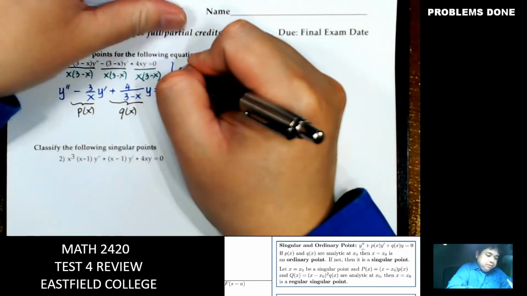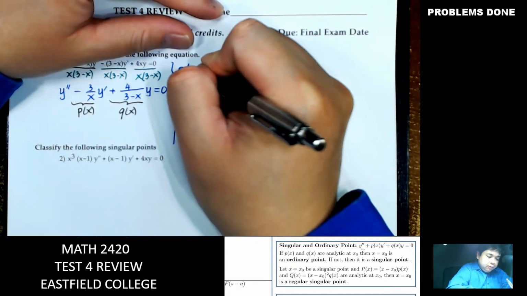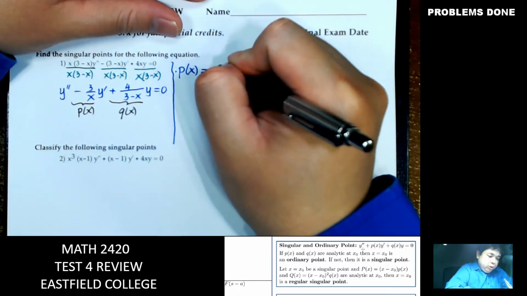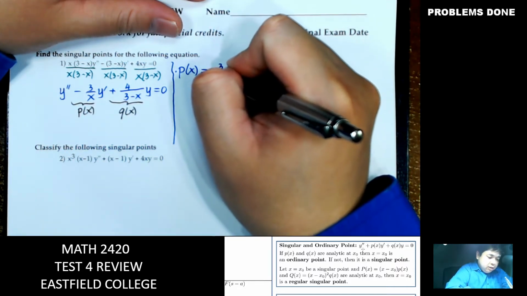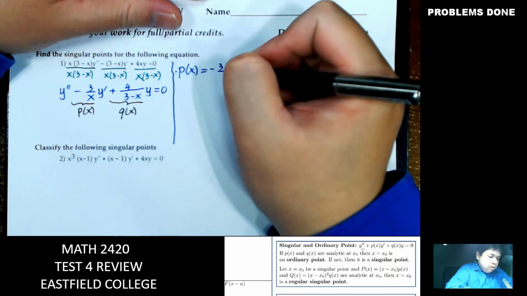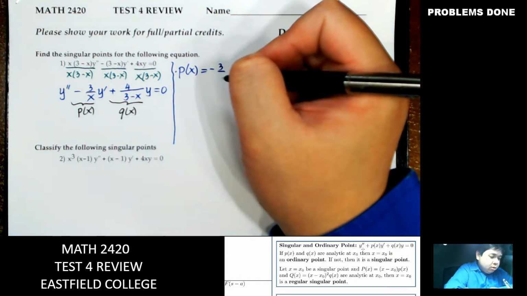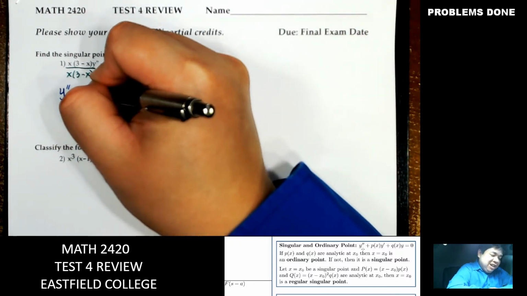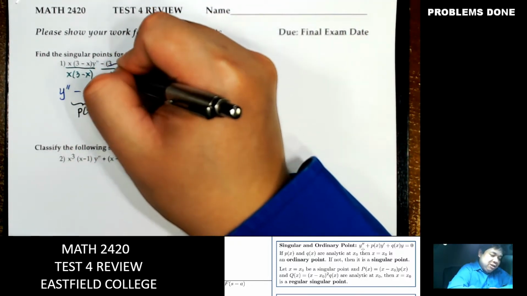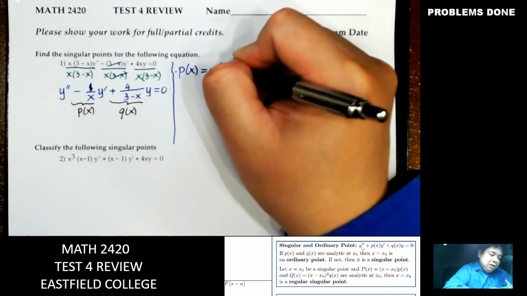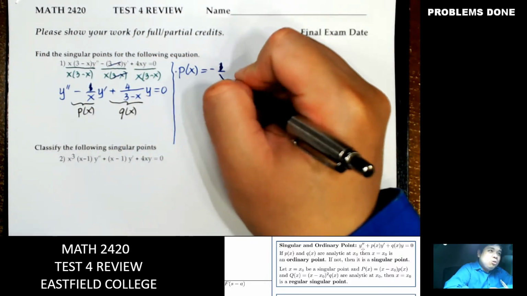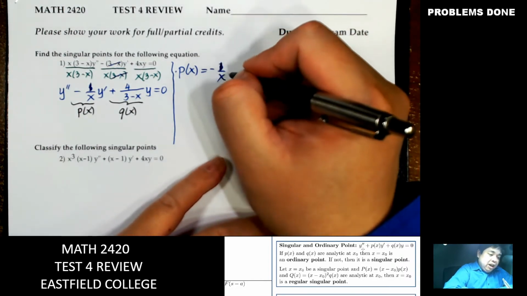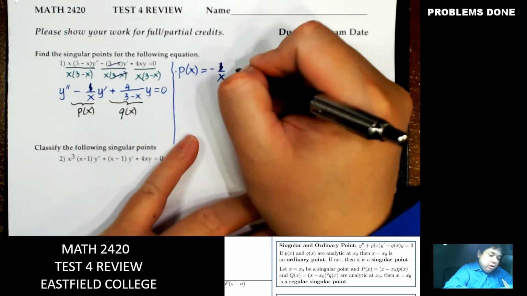So we say p of x equal to negative 3 over x, sorry, this is 1. I don't know why I have 3 there. The 3 minus x cancel out, just minus 1. So minus 1 over x, and this is analytic except for x equal to 0.